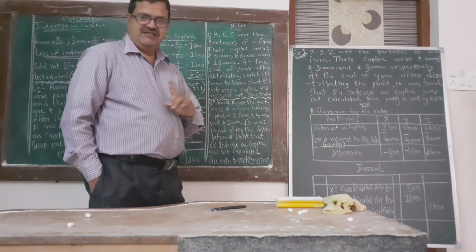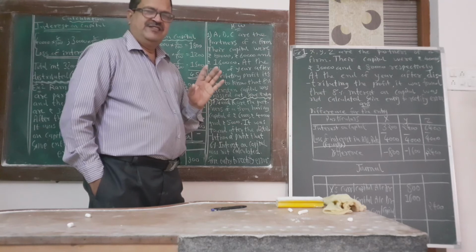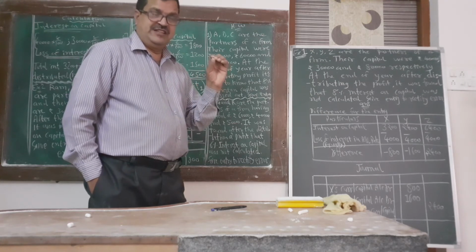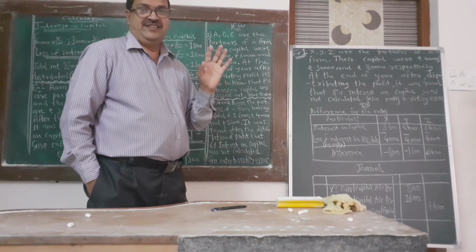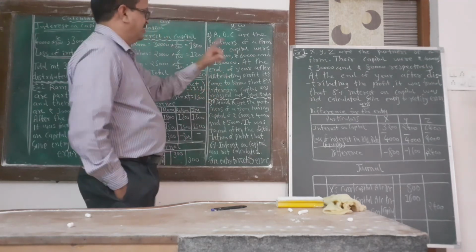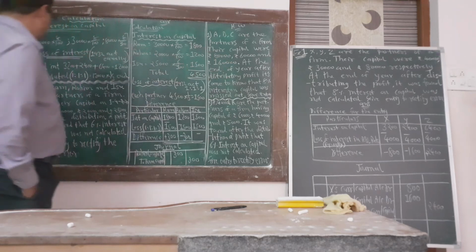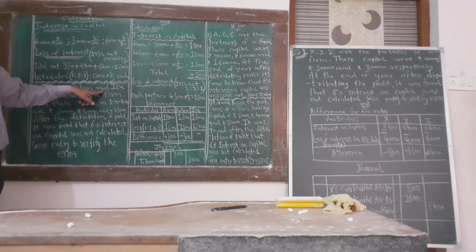Calculation doesn't have any marks, but it is advisable to write the calculation. So in the same way, the second example, friends: Ram, Rahim and Isu.